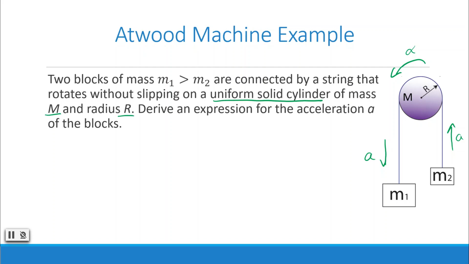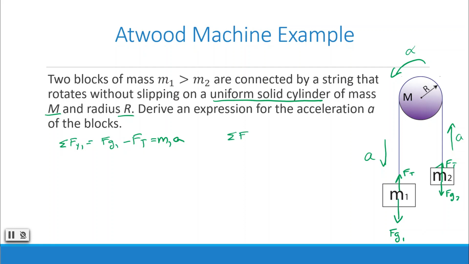Just as a reminder, when we solved this problem before, ignoring the mass of the pulley, we said that mass 1 is going to have a gravitational force down and a tension force up. Mass 2 is going to have a smaller gravitational force down, but the same tension up. The net force on block 1 in the y direction was Fg1 minus Ft, which is equal to m1a.